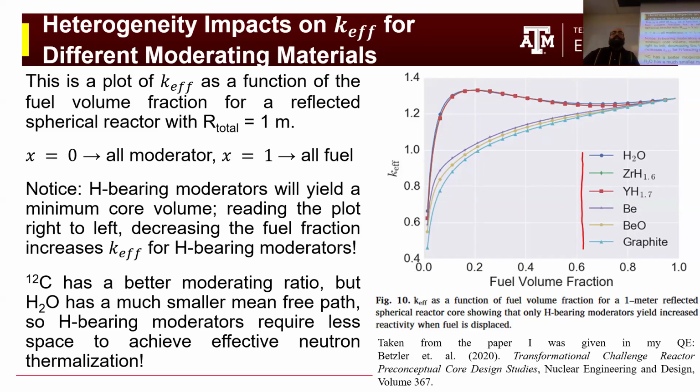So if they need 50 scattering collisions to get to a thermal energy, but they travel like 10 centimeters per collision, then you need a very large amount of graphite for these neutrons to bounce around and have enough collisions to become thermalized. So the mean free path actually matters.